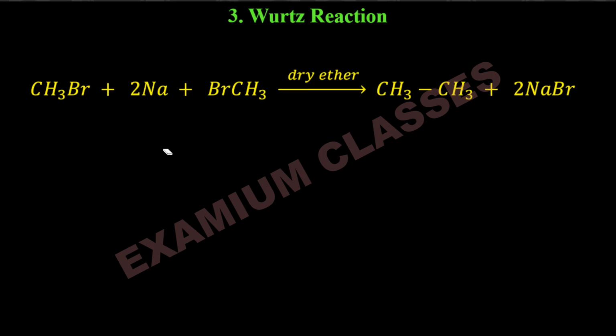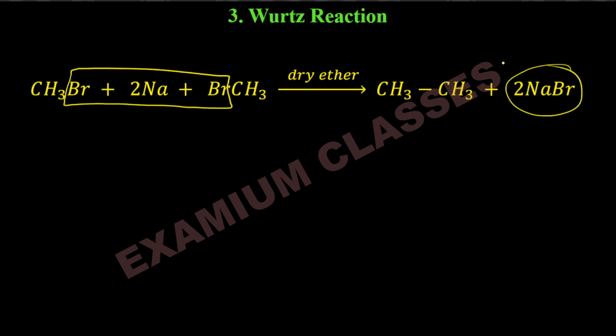But here just to make you understand how the product is produced. So when you have methyl bromide reacted with sodium metal, okay, what happens? That sodium combines with these bromines, that is halides, and produces NaBr, and remaining alkyl groups attach together to give you alkane.